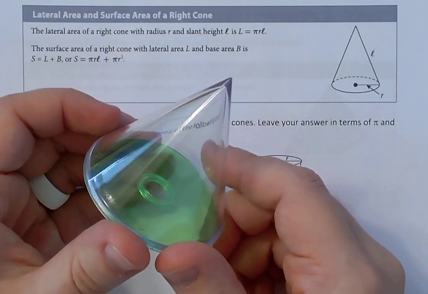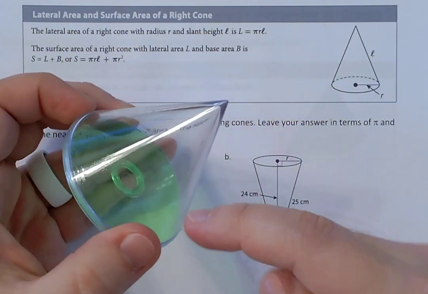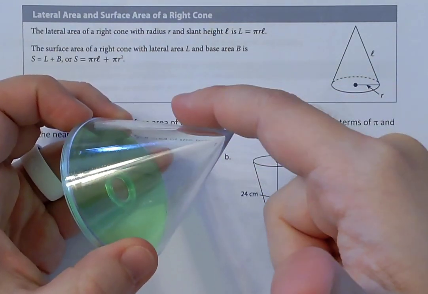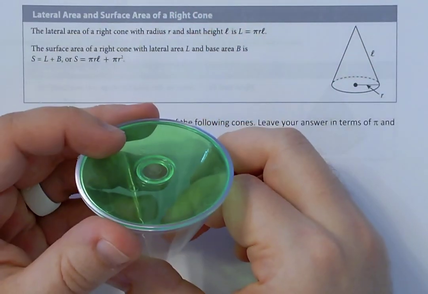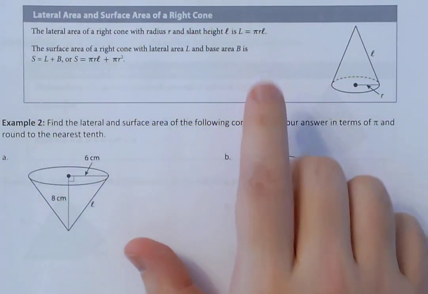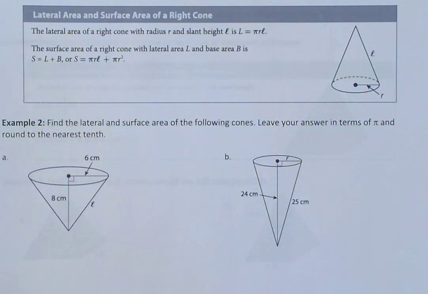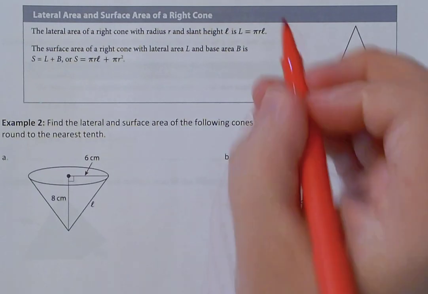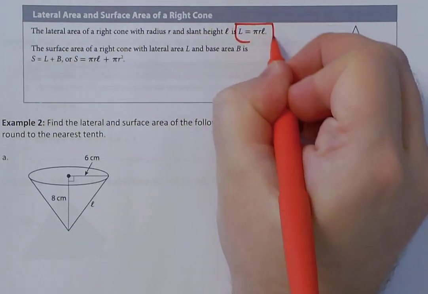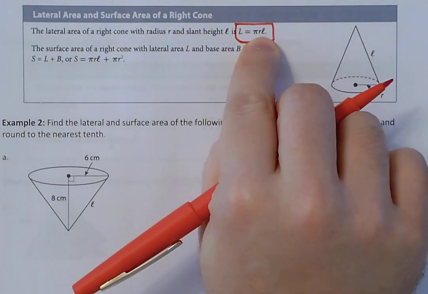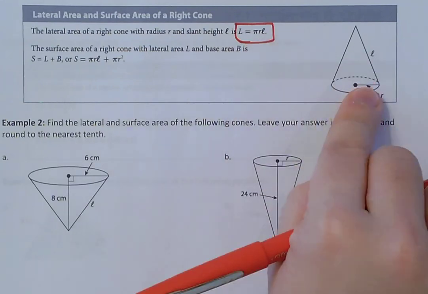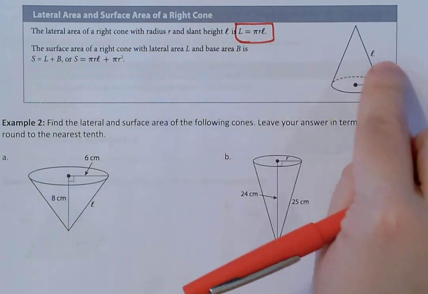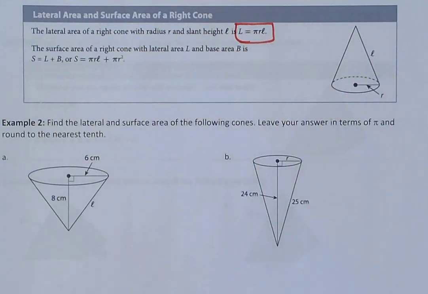So when we figure out lateral area of our cone, that's this rounded side. Surface area is this rounded side plus the area of the base. To figure that out for our problems today, for lateral area, we're going to use pi r L. That means pi times the radius of our cone times the slant height of the cone.